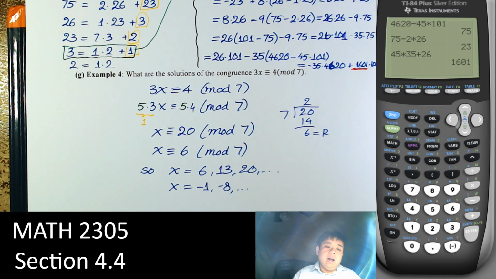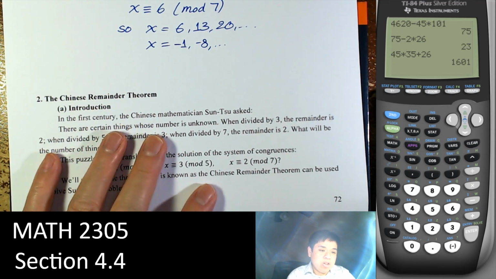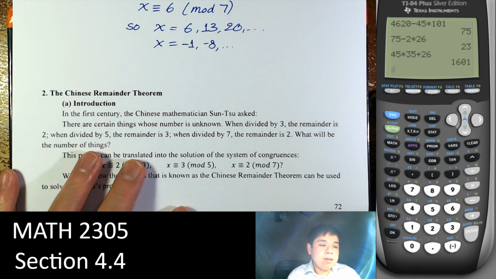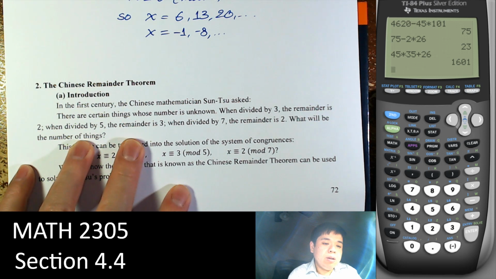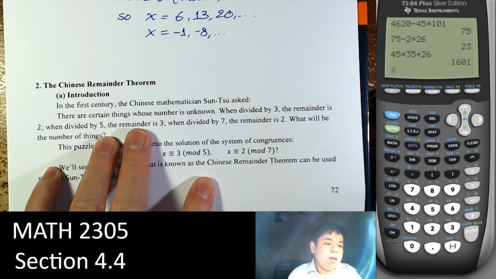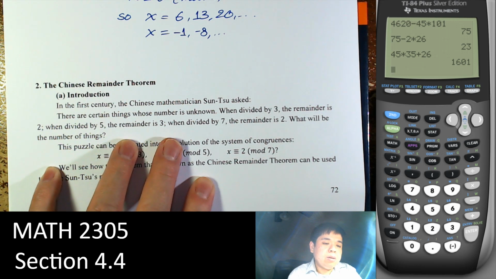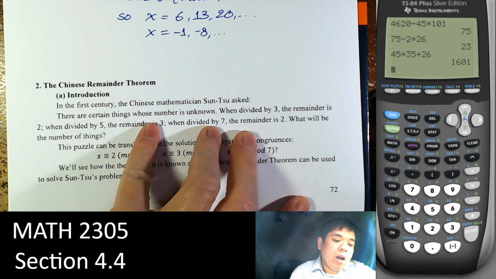Right. Next, we have the Chinese remainder theorem. So in the first century, the Chinese mathematician, actually he's not only a mathematician, he is one of the best generals at the time, if not the best. So there are things whose number is unknown.